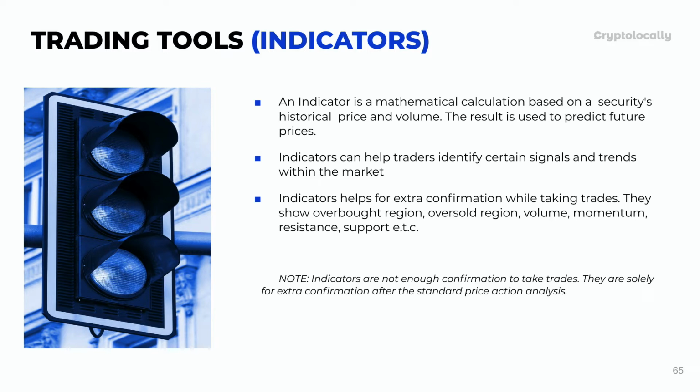You have to do your price action analysis, which we did. We already checked the market structure, we already checked the support and resistance, we already checked our trend and other necessary stuff in the market before we get into indicators. So indicators are just extra confirmation for taking trades in the market. The first indicator we are going to be talking about is RSI, which we already talked about a few minutes ago.